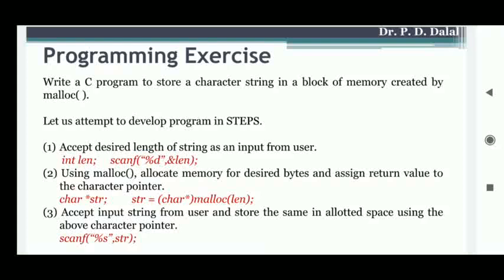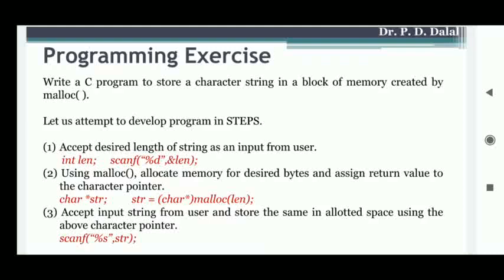Second step, using malloc we can allocate memory of the desired size. As we are going to store a string inside that, we need one character pointer str, and then we write str is equal to (char *) malloc(len), where (char *) is a typecast.